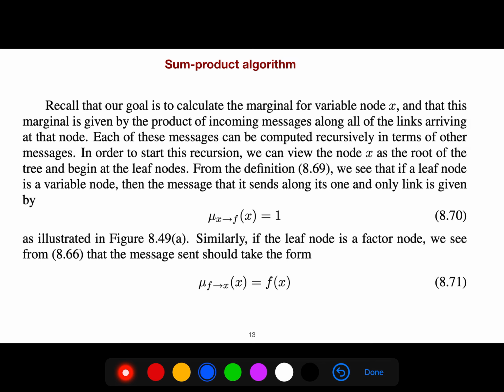So here, first we see that if a leaf node is a variable node, then the message that it sends along its one and only link is given by, we put 1 to that. Similarly, if the leaf node is a factor node, we see that the message sent should take this form.